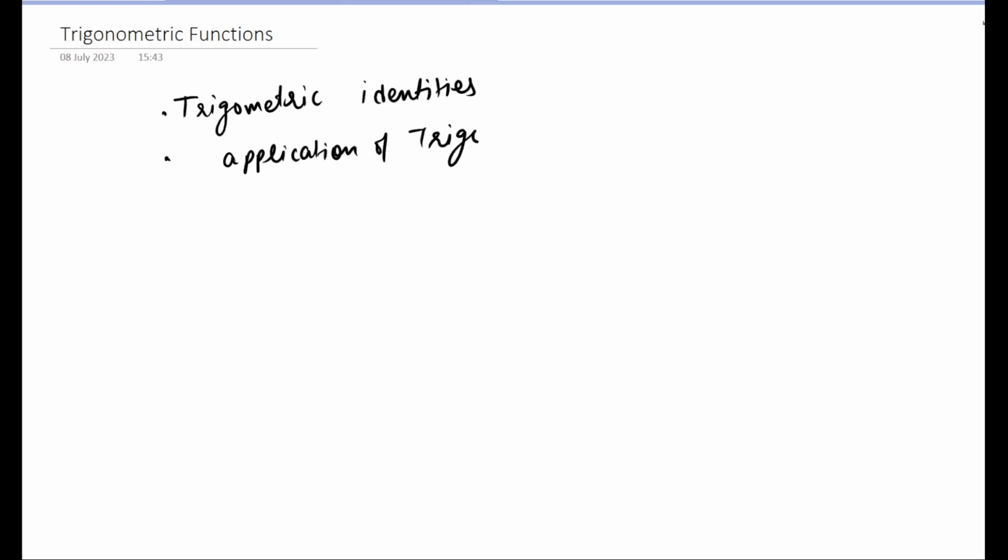Hello everyone. So today's topic is trigonometric functions. So we have studied the trigonometric identities and application of trigonometric ratios in solving the problems related to heights and distances.